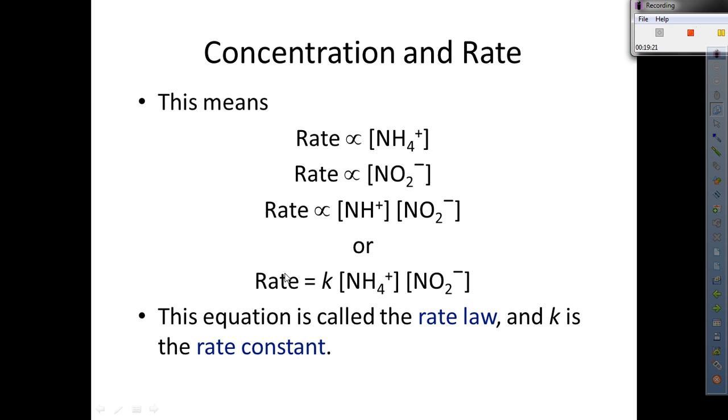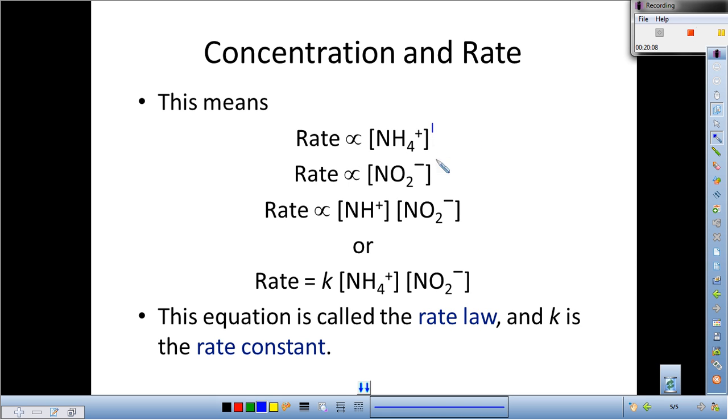How do they affect the rate? That's where k comes into play. k helps determine exactly what the calculation for your rate is. So the rate is equal to k times ammonium raised to the 1, and nitrite raised to the 1. Technically there really should be some 1s here.